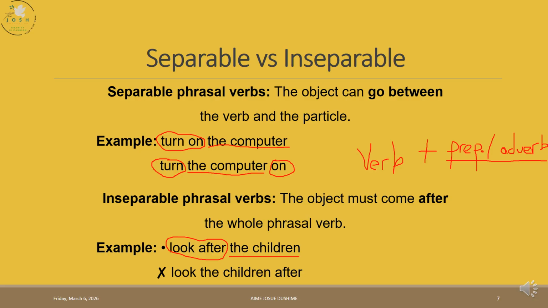Look after the children. You see that? I cannot put the object in the middle of the phrasal verb. This is very wrong. It does not happen. You just have to keep the verb with its particle together. You can't separate them. That's what we call transitive inseparable phrasal verbs.